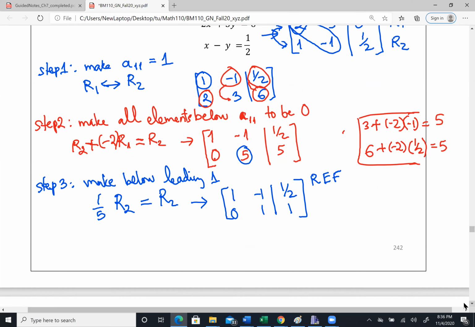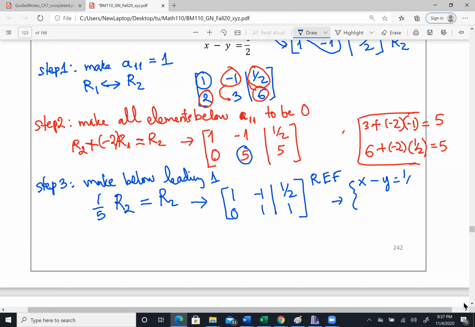I mean, you're gonna change it back to the equation system. So it's going to be x minus y equal to 1/2, and then 0x plus y equal to 1, right?